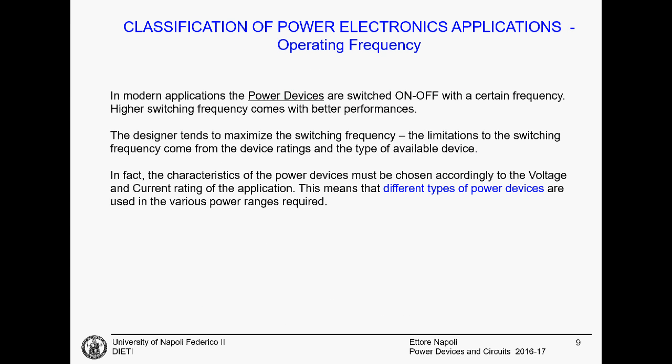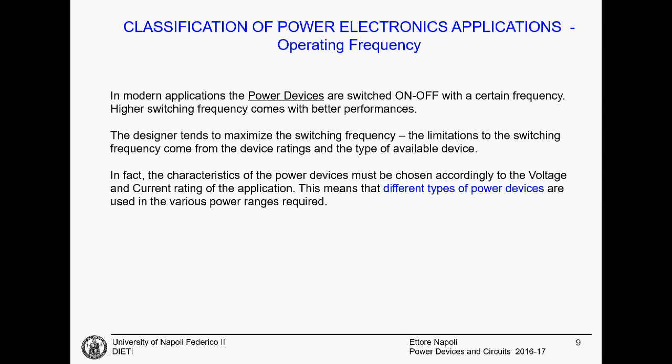Another possible way of classifying the power electronics applications is the operating frequency. This is new for us. We know that power is voltage multiplied by current, and what is this operating frequency now?